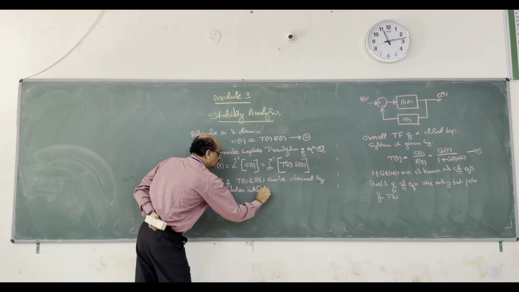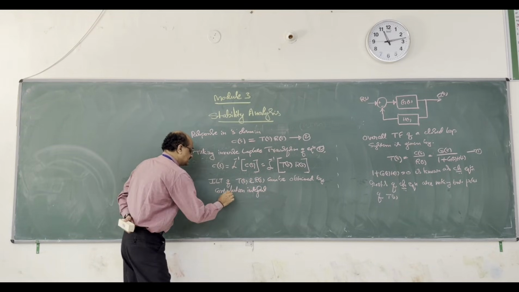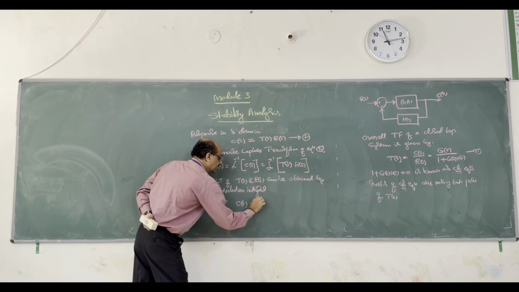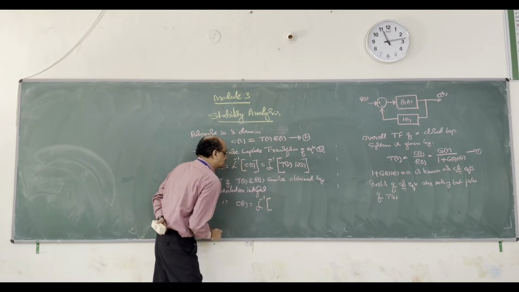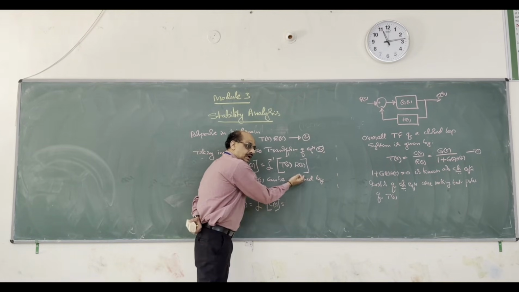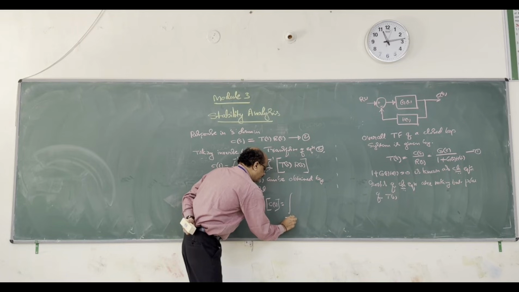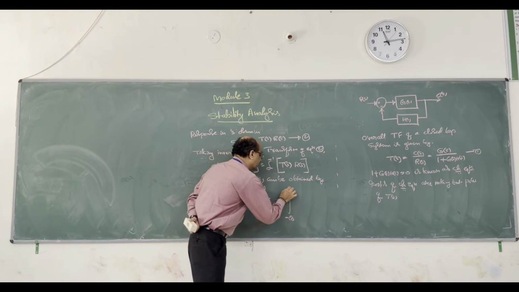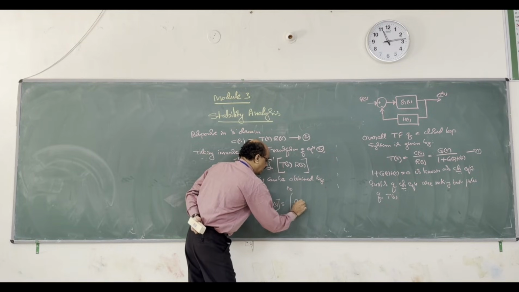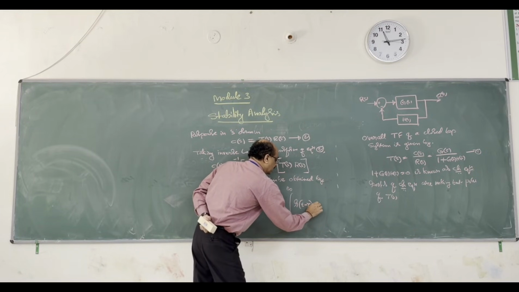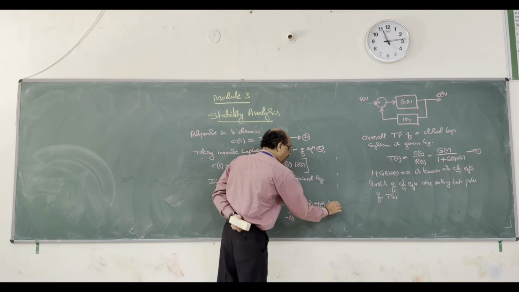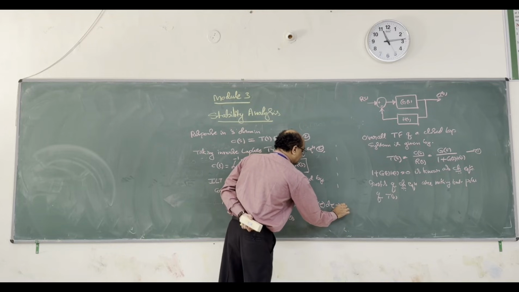C of t is given by the convolution from limit minus infinity to plus infinity, of R of t minus tau into T of tau d tau. Let me call this equation 3.